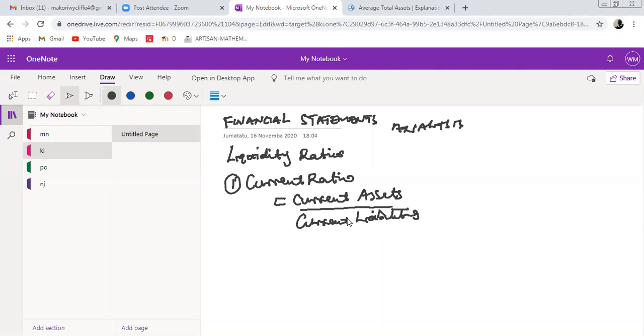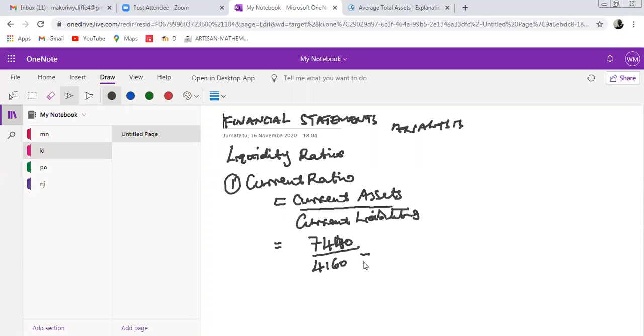So for the year 2018, are you able to locate what were the totals for the current assets? Current assets, they amounted to how much? 7,440. 7,440. Then we divide by the current liabilities, which amounted to how much? 4,160. 4,160.